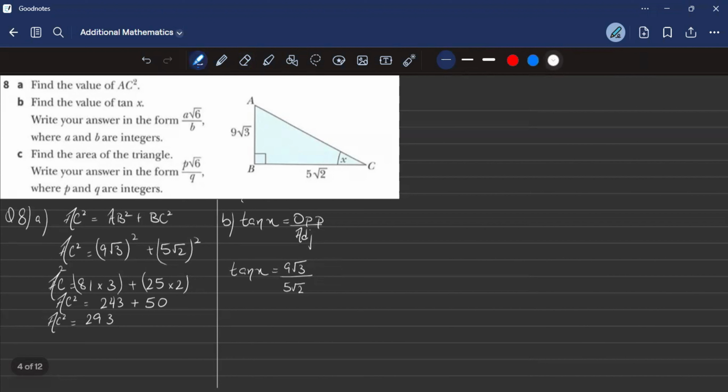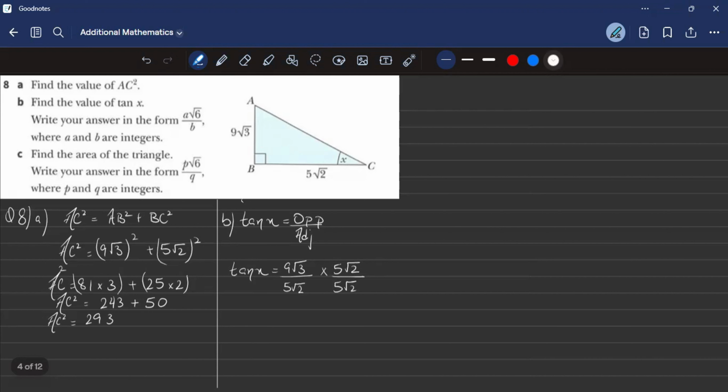Now, this may look a little confusing right now, how to solve it further, but it has a concept which has not been assessed for quite a long time in this exercise, and that's rationalizing. What we do in rationalizing is multiply by 5 under root 2 divided by 5 under root 2, which is equal to 1, but it removes the under root in the denominator, which is not preferred.